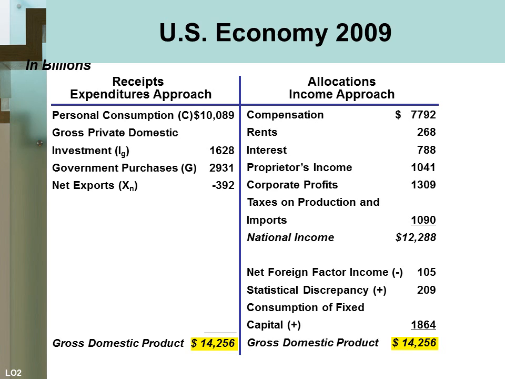Corporate profits, which again compared to compensation to laborers seems rather low. Everyone's always griping that corporations make all the money. Well, according to this statistic, they don't really make all the money, do they? All right. And then you have all these statistical adjustments that we're not even going to bother talking about, but it was good to at least introduce where the income flowed from the goods and services we produce.